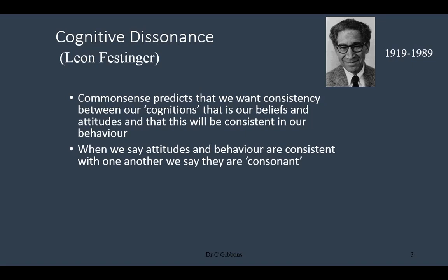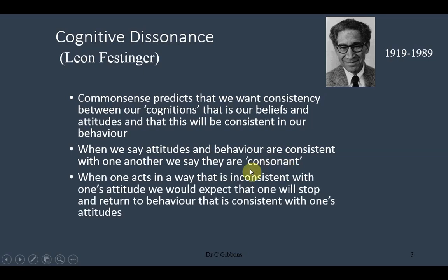Now, essentially, he talks about cognitions, and cognitions can essentially refer to our beliefs, our values, or our attitudes. And when our attitudes and our behaviour are consistent with one another, we say they are consonant. Sometimes, however, we may act in a way that is inconsistent with our attitudes, aka our values or our beliefs.